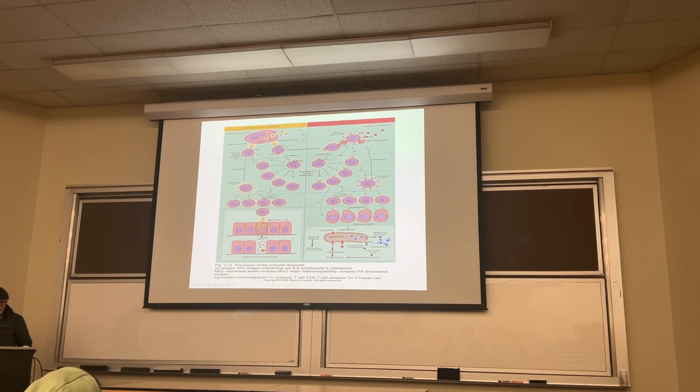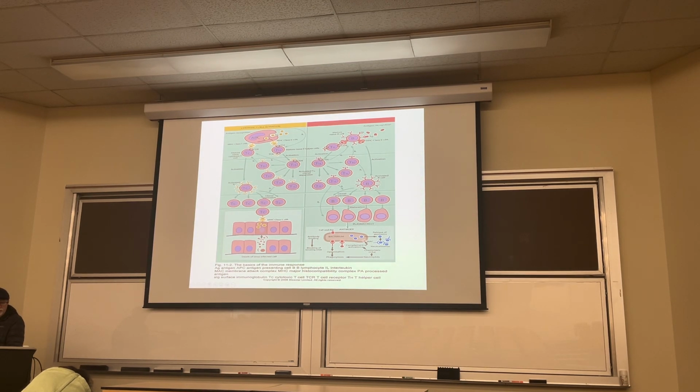So here's our antigen-presenting cell up here. It phagocytizes something like, let's say, a bacterium, and it expresses a little piece of that antigen on its surface. It does that on a particular type of receptor. These are called major histocompatibility receptors.